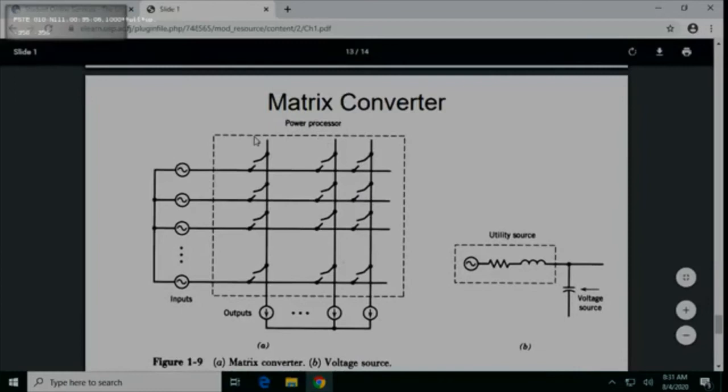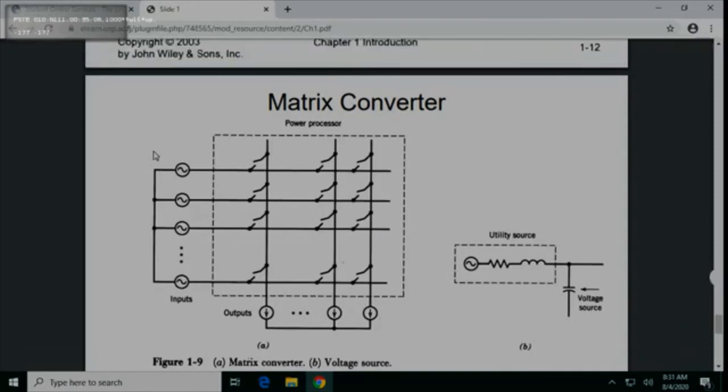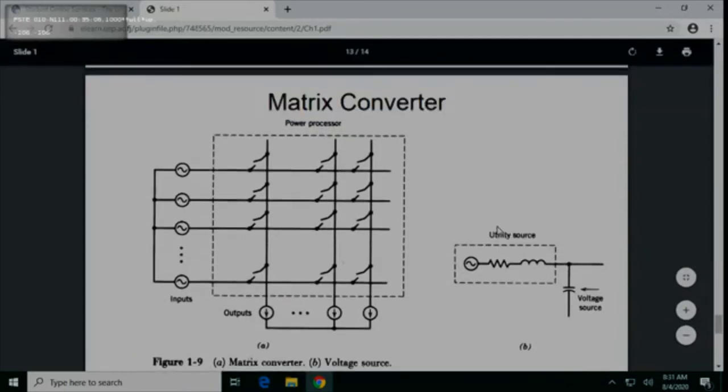You see, this is the power processor, just switches, something similar to the processor that we have in our PC, but that's at another level. This was not at that level, this was for power electronics, which didn't actually really work.